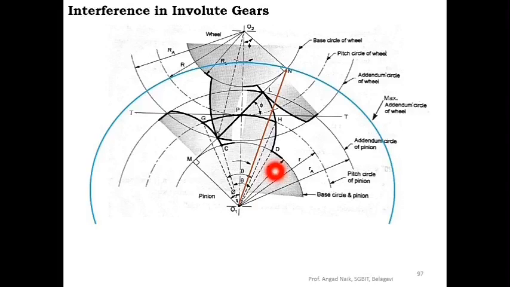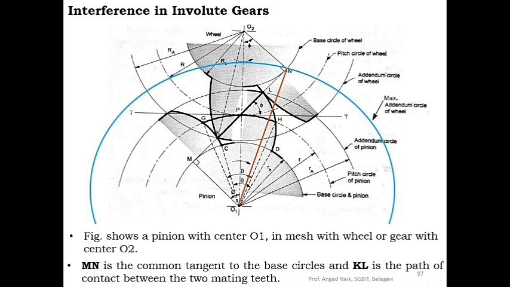A pinion with O1 as the center is meshing with a wheel which has center O2. MN is the common tangent to the base circle of the wheel and pinion. On the same line, KL is the path of contact between the two meeting teeth.